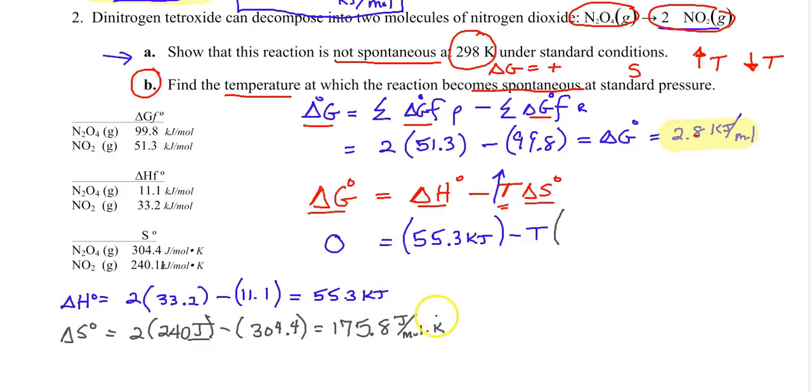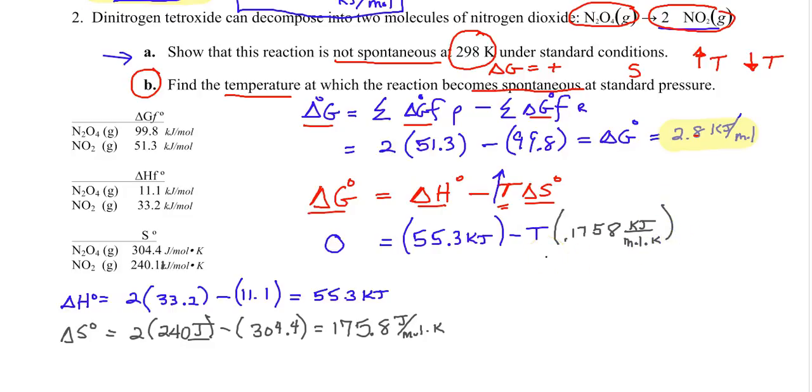I'm going to times that by 10 to the negative 3 or divide by 1,000. That becomes 0.1758, and that is kilojoule per mole kelvin. And we solve for T.